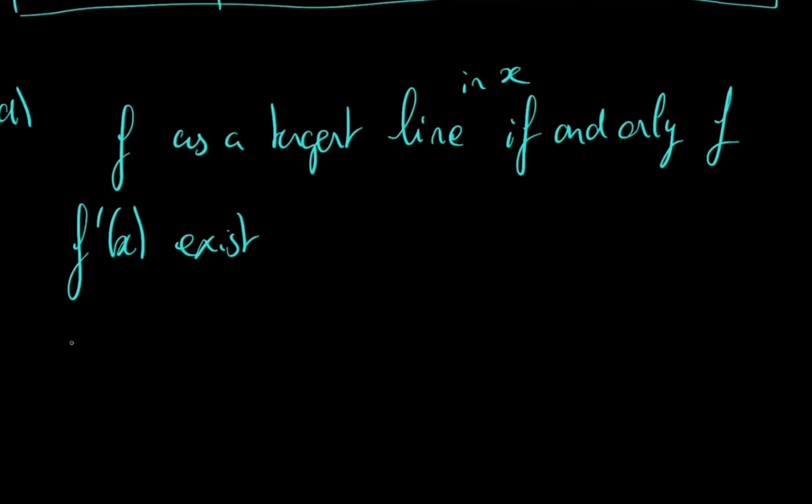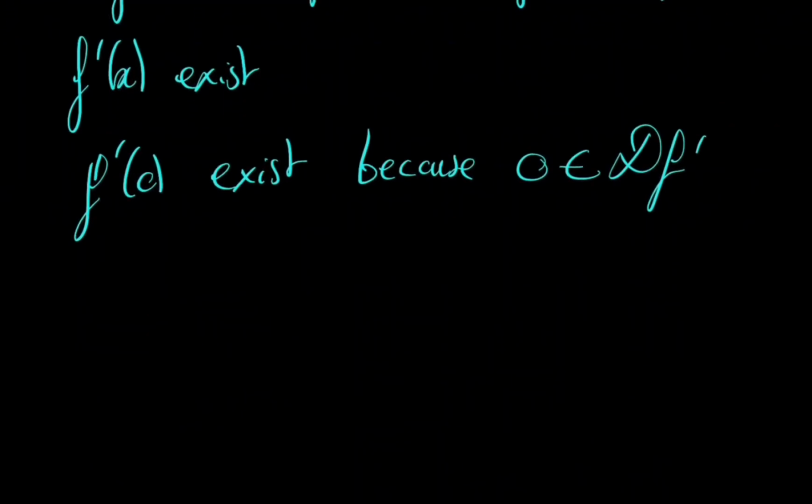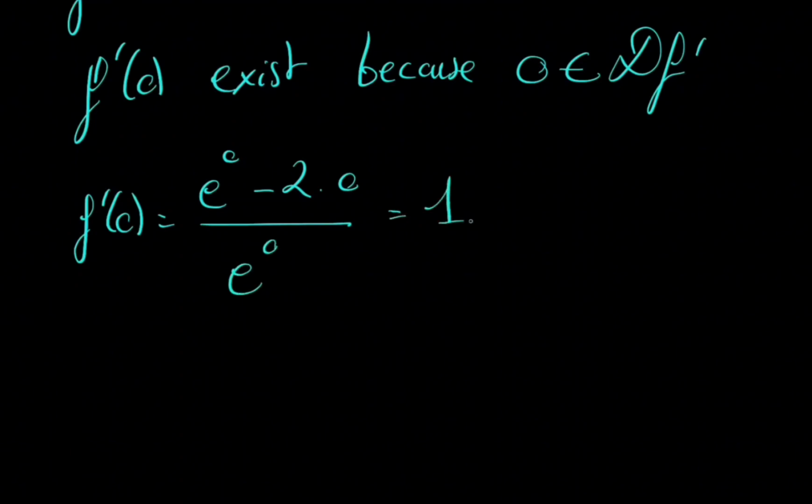Okay, so we know that f prime of 0 exists because 0 is in the domain of f prime, and so the tangent line has a direction coefficient of f prime of 0, which is equal to exponential of 0 minus 2 times 0 over exponential of 0, which is equal to 1.